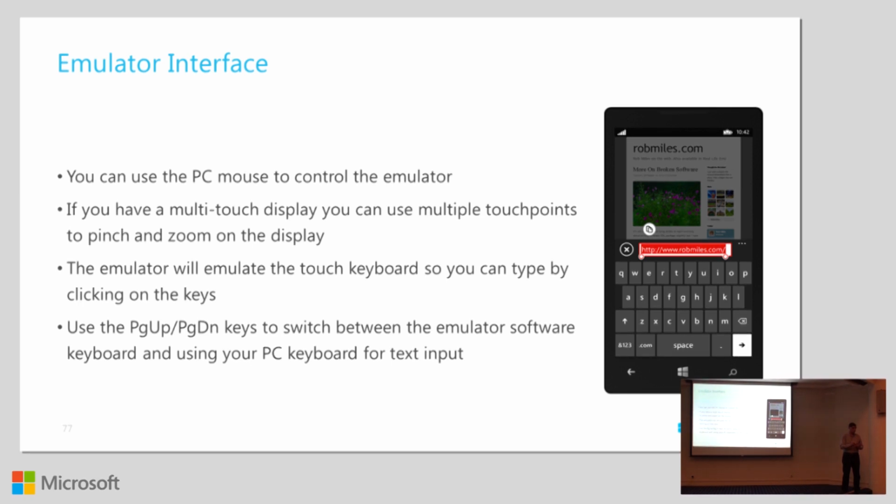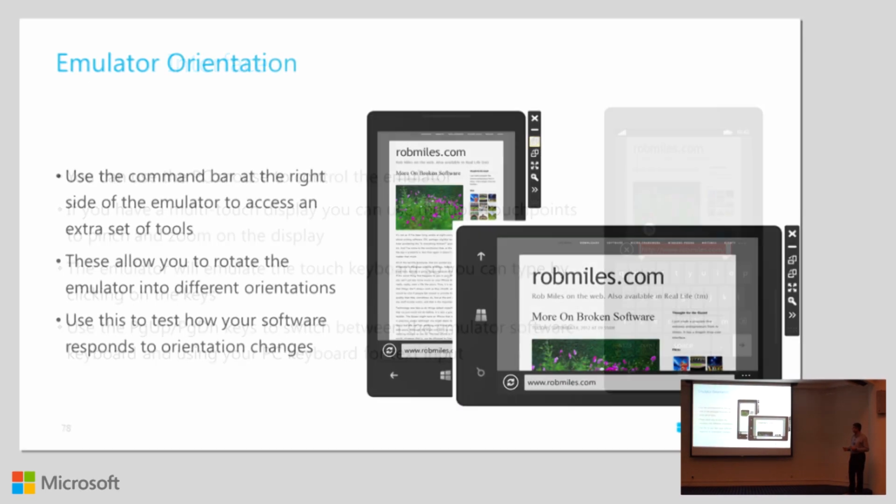So you don't know exactly what you're typing and where you're typing and what's going on. Especially when you're using the device itself, it becomes very difficult. So keep the layout in mind. On the emulator, you can remove the keyboard by pressing the page up, page down keys.